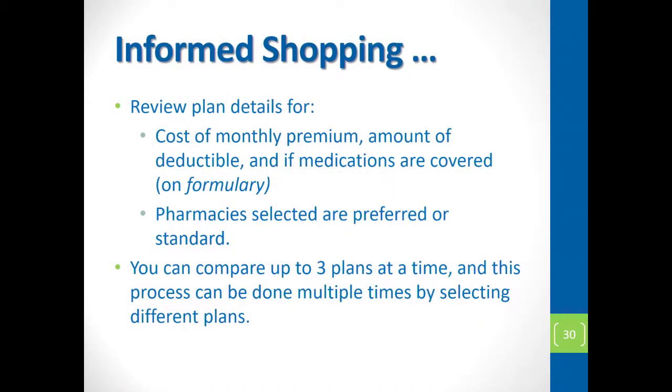So those are the things that you should be looking for when you're looking at this page. And then also, if you want to, you can compare 3 plans side by side. I always recommend clicking on the actual plan, looking at the plan, and then if you decide there's 3 plans you want to look at side by side, then do the side by side comparison, because it's not a full scope when you do the side-by-side comparison.